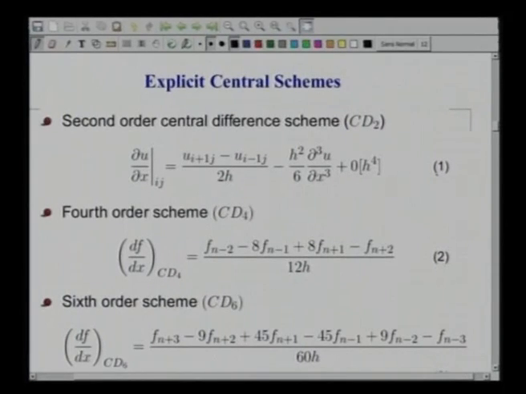For example, equation 1 involves 3 points, equation 2 involves 5 points, and if you look at the corresponding sixth order scheme, it actually involves 7 points. This is the essential feature of explicit schemes. If you want to go higher order, your stencil size increases, and we will talk about why this may not always be good, going for higher and higher order schemes.